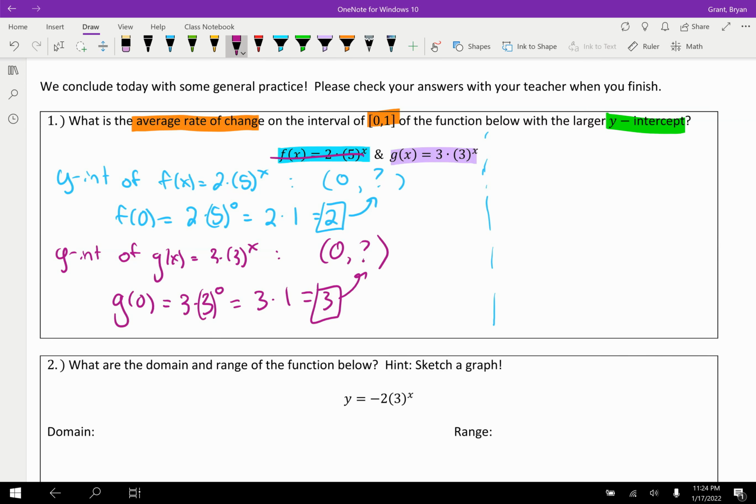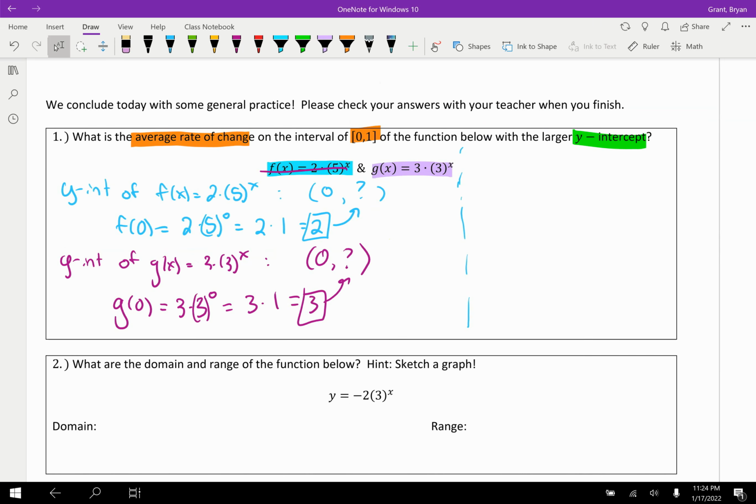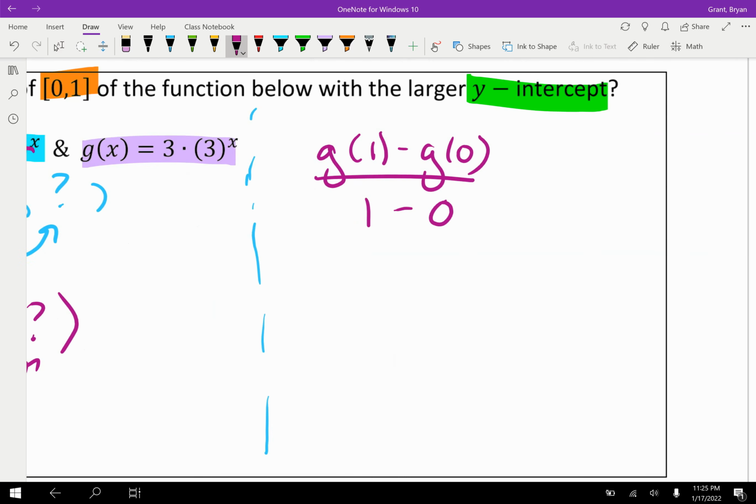So now that we've figured out which one has the larger y-intercept, we need to find its average rate of change on the interval 0 to 1. Now, since we're dealing with the equation g of x, I'm not going to do f here. I'm going to say g of 1 minus g of 0 divided by 1 minus 0. Zooming in a bit, g of 1 is going to be 3 times 3 to the first, and g of 0 will be 3 times 3 to the 0th, over 1 minus 0, which is just 1.